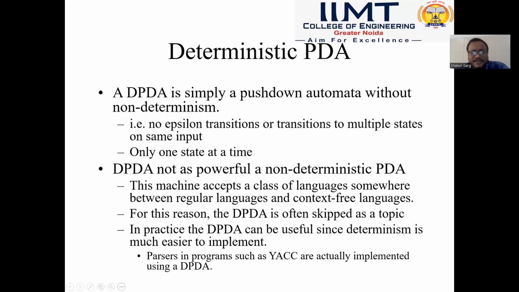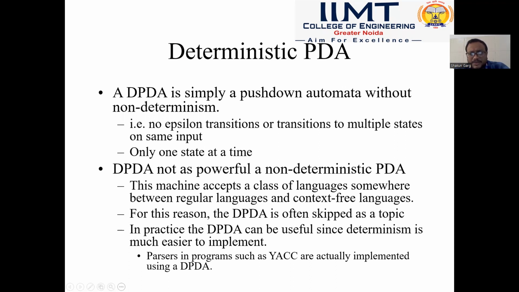Now, we can categorize PDAs in two forms. The first is the deterministic PDA, in short DPDA. A DPDA is simply a pushdown automaton without non-determinism. That is, no epsilon transition or transition to multiple states on the same input, only one state at a time. A DPDA is not as powerful as a non-deterministic PDA.